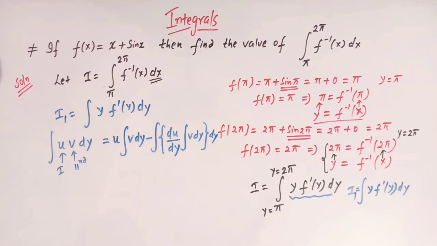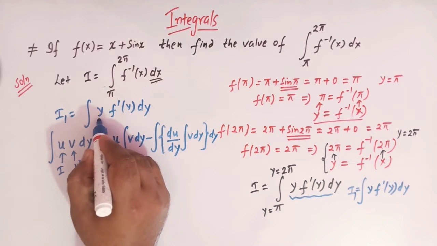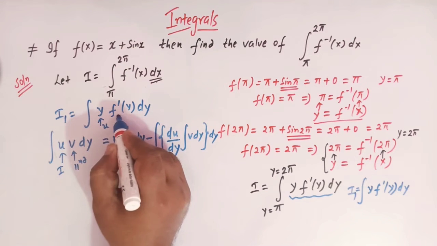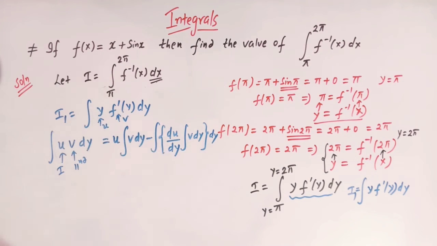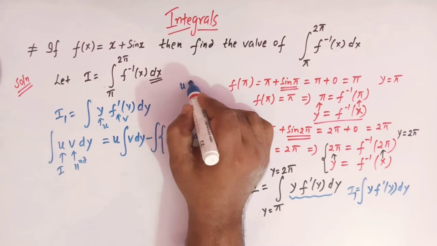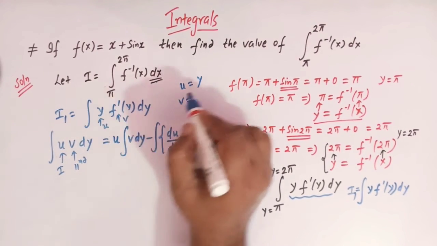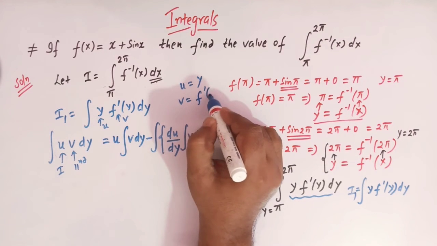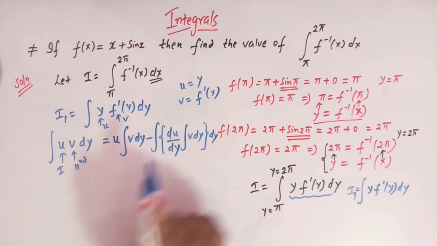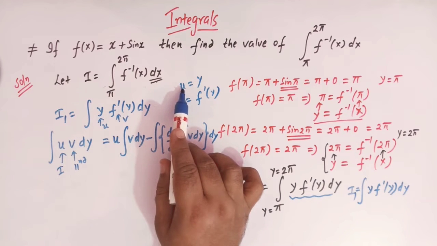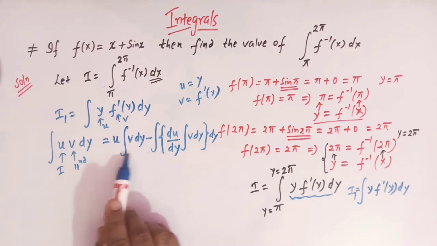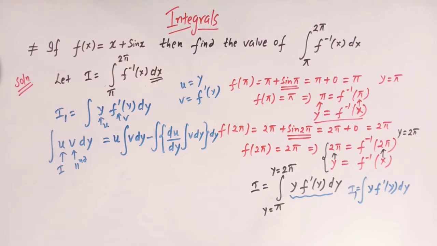So what we will do, we'll take this function as u and this function as v, right? So our u is y and v is the derivative of f with respect to y, right? So we'll substitute the value of u and v in this formula.